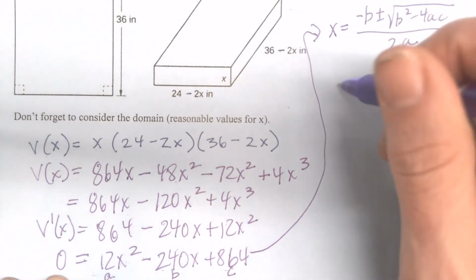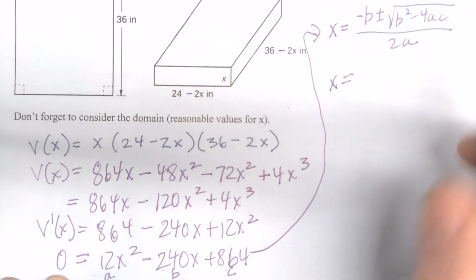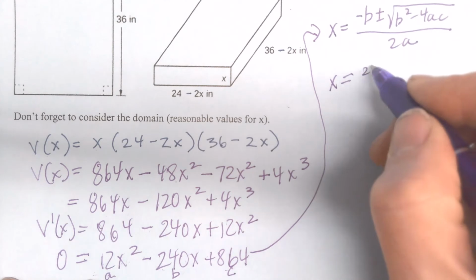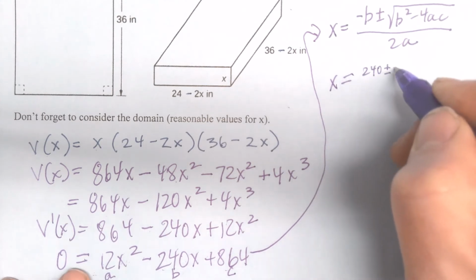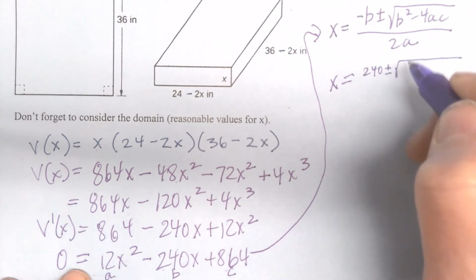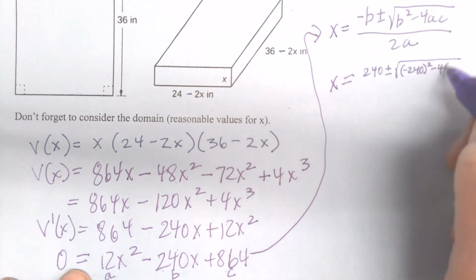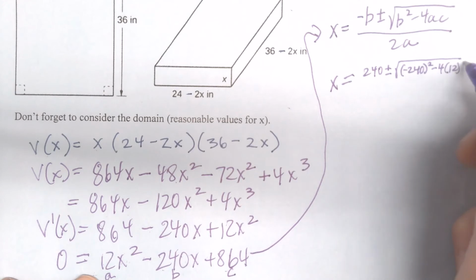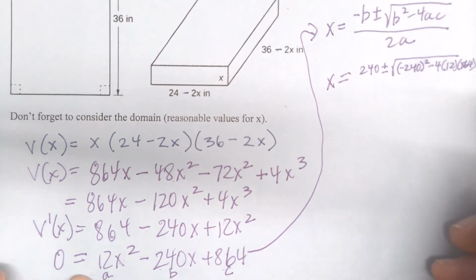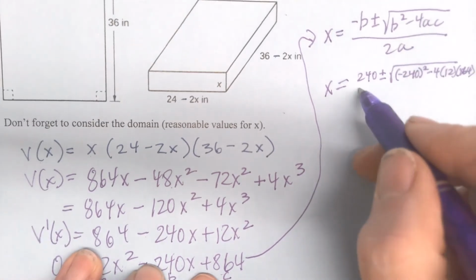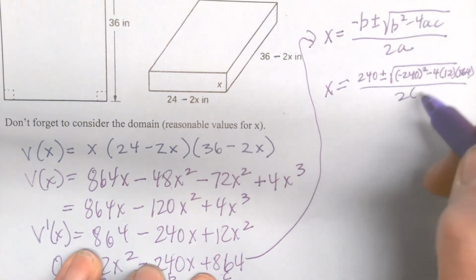I can plug them in and get my x values. So in this case, x equals 240 plus or minus the square root of negative 240 squared minus 4 times 12 times 864, all over 2 times 12.